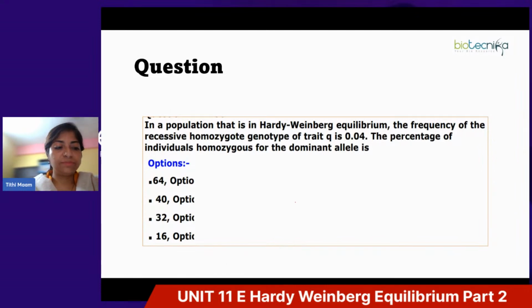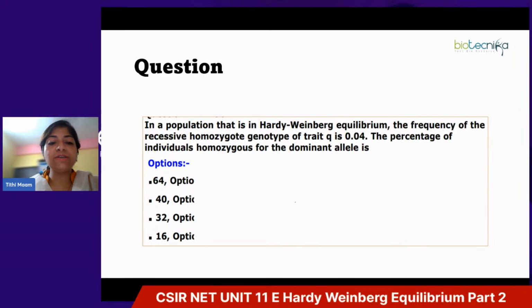Okay, again, one more question from previous year CSIR papers. In a population that is in Hardy-Weinberg equilibrium, the frequency of recessive homozygote genotype of trait Q is 0.04. The percentage of individuals homozygous for the dominant allele is. So quickly, guys, tell me what is given to us. 0.04 is what?